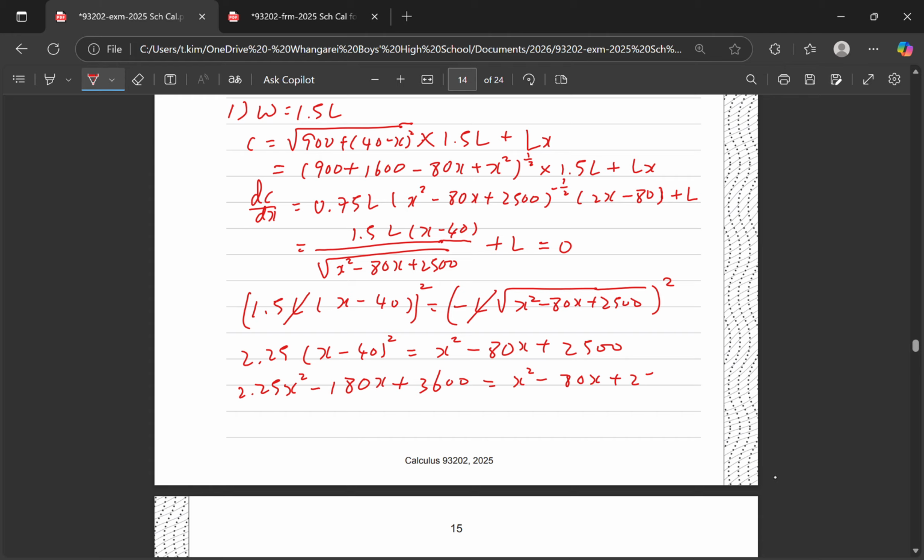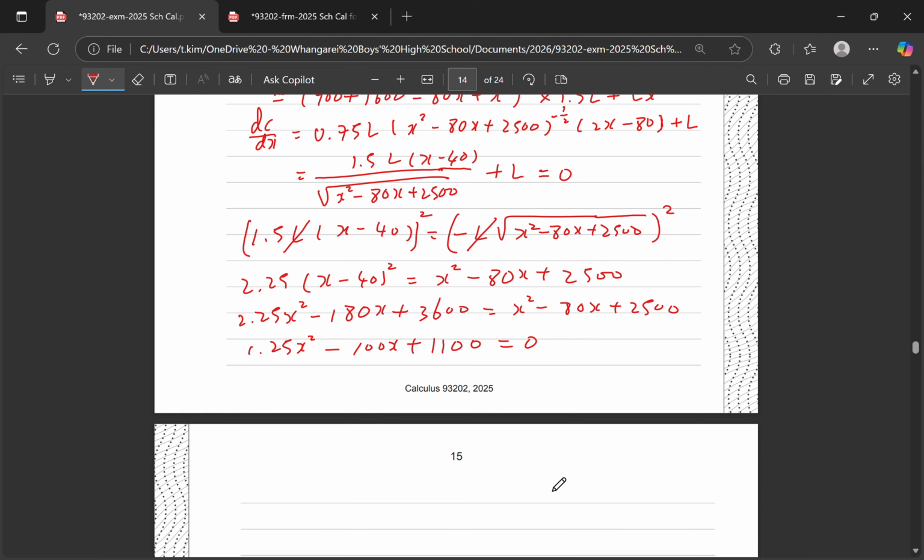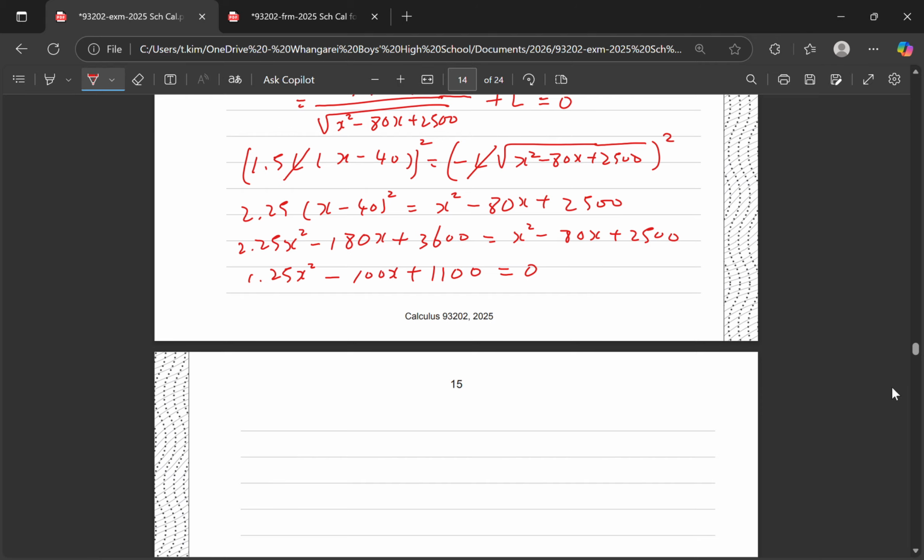When we rearrange this, I have 1.25 x squared minus 100x plus 1,100 equals 0.